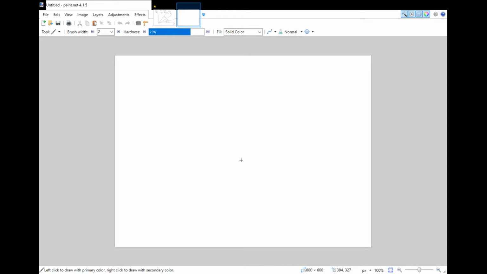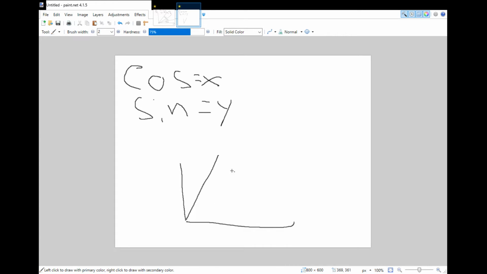Now I know these values off the top of my head because I think about it like this. Cosine is equal to the x value, and sine is equal to the y value. Think about how far the x goes.